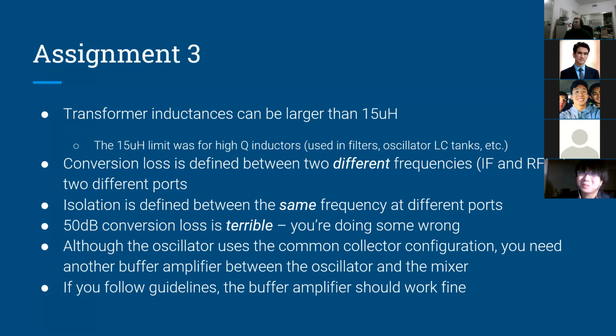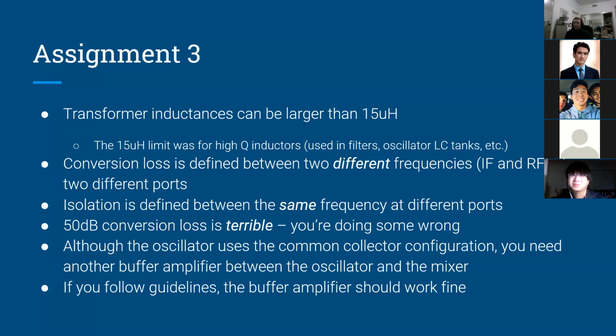Okay, the other thing is the definition of conversion loss is defined between 2 different frequencies at 2 different ports. So the whole point of the mixer is that you're converting between frequencies, and the conversion loss is defining essentially the performance of that conversion between frequencies. However, isolation is defined between the same frequencies at 2 different ports.